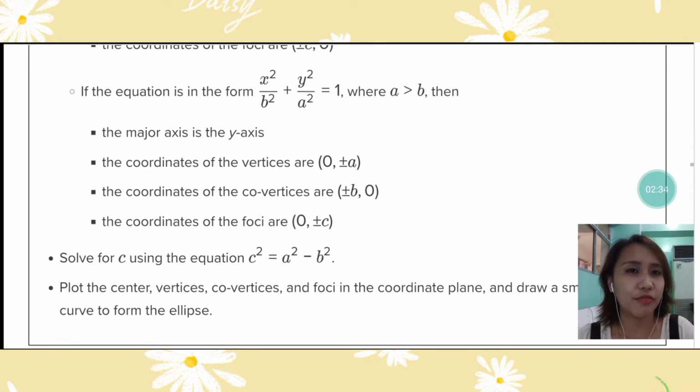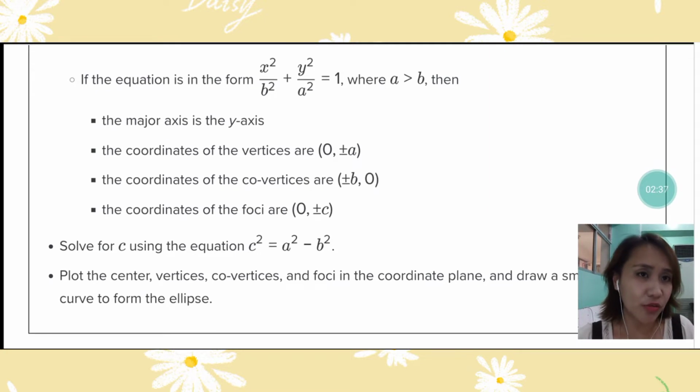If the equation is in the form x squared over b squared plus y squared over a squared, earlier the graph was horizontal, now this is for the vertical graph of an ellipse. This time the major axis is the y-axis because it's vertical.